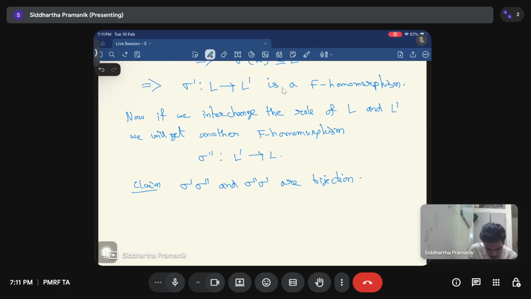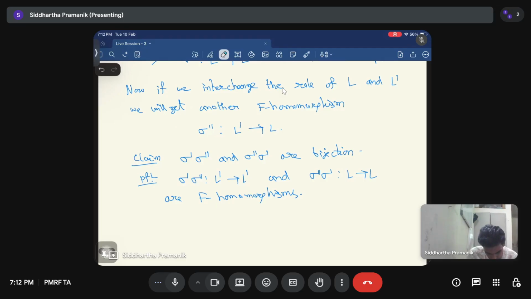So note that, proof of this. Because sigma double prime is a map from L prime to L prime, and the other one is mapped from L to L, these are F homomorphisms. And since these degrees are finite, these have to be F automorphisms. So L prime over F is finite, and the degree of L over F is also finite.